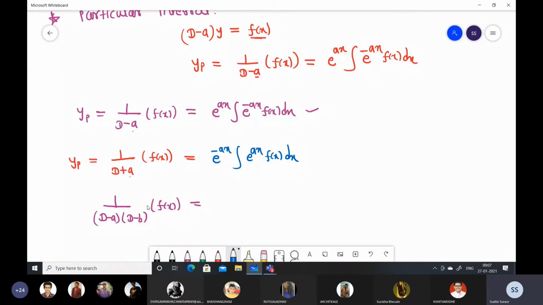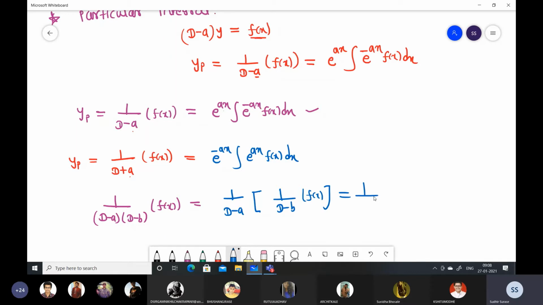After doing the partial fraction, you can separate out and write this way: 1 upon (D minus a) plus b upon (D minus b), and then you can operate on f of x separately. Here I will write the formula: 1 upon (D minus a), and in bracket 1 upon (D minus b) operating on f of x.